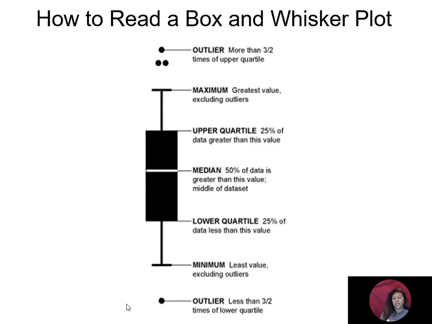write-up itself. So if it turns out that it was an error in input, meaning that maybe someone wrote a 0 when they meant to write an 8, it was interpreted by the person who was putting it into Excel as a 0 when it actually was an 8. So it turns out that's an error. And so you can say that was an error, and so we omitted it.